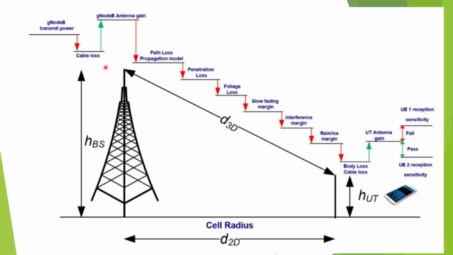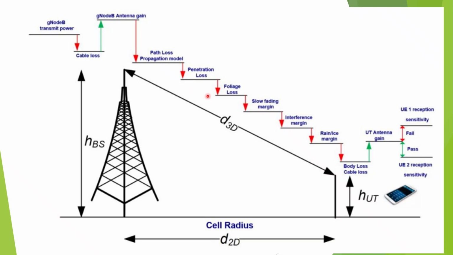For making these connections, a lot of cables will be inserted, so the cable losses should be subtracted from the transmitted power, and also the path loss between the transmitter and receiver. Depending upon the propagation model, the path loss is estimated, and that should be subtracted from the cumulative value.